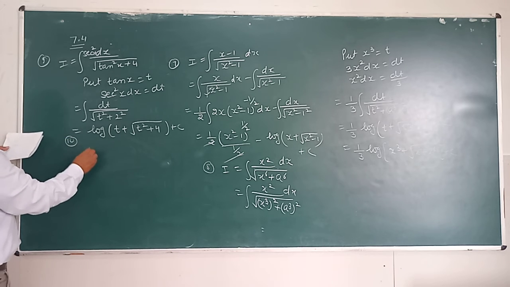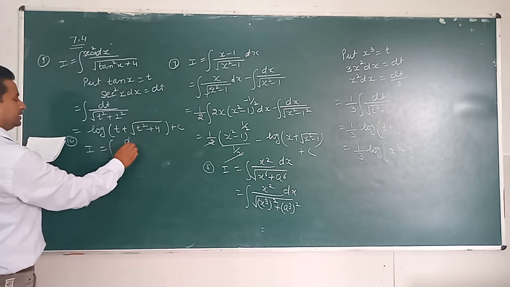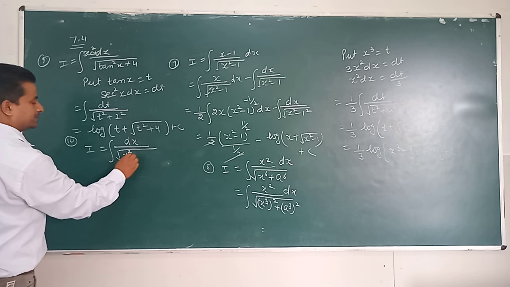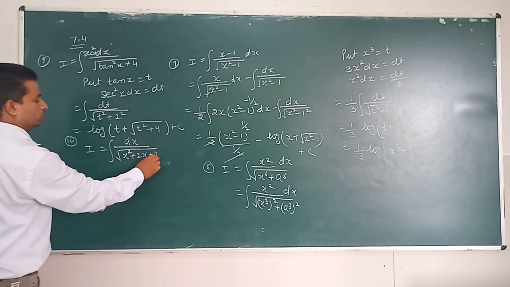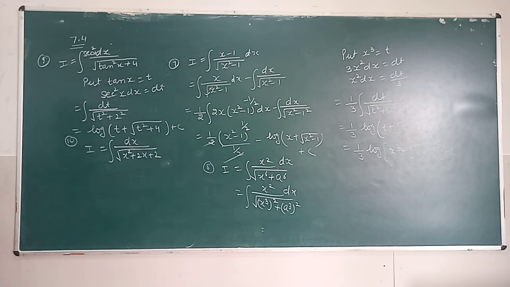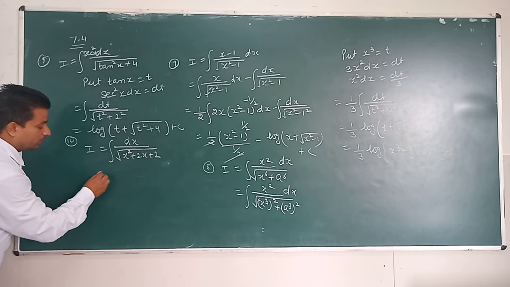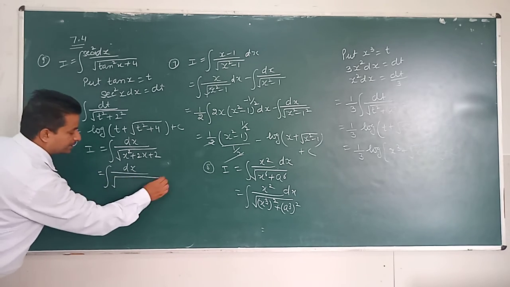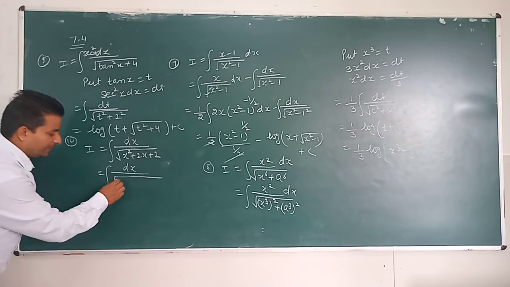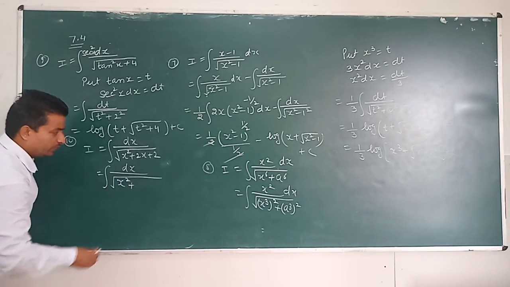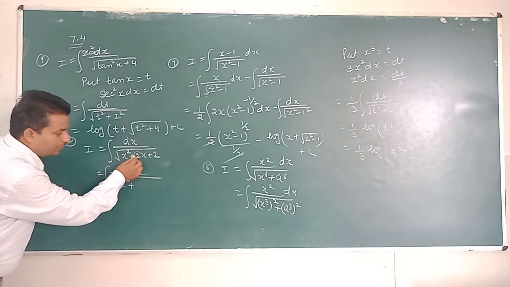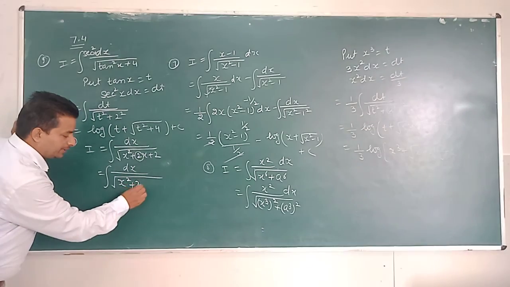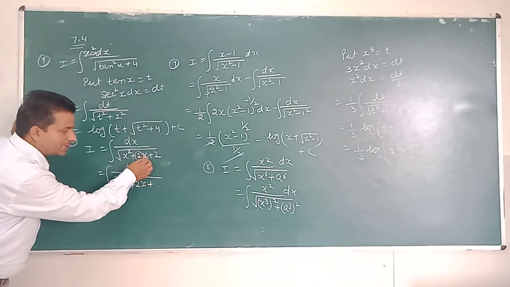In question number 10, I is equal to dx upon square root of x square plus 2x plus 2. If in the question there is a quadratic equation, first we make it perfect square. For perfect square, first take the coefficient of x, which is 2, and make it half.